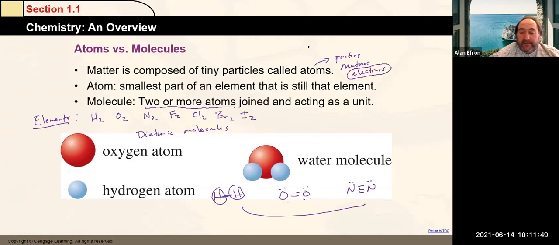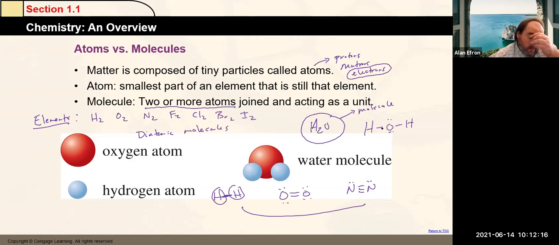Now, you may be asking, what about something like water, our good friend H2O? Water is a molecule because it meets the basic definition of a molecule: two or more atoms that are bound together.